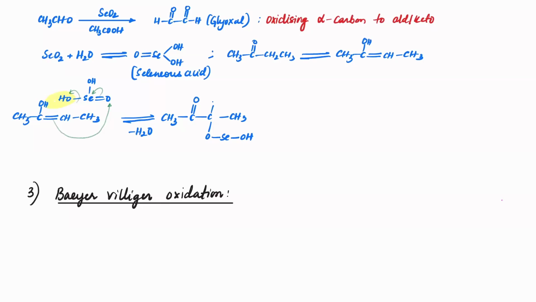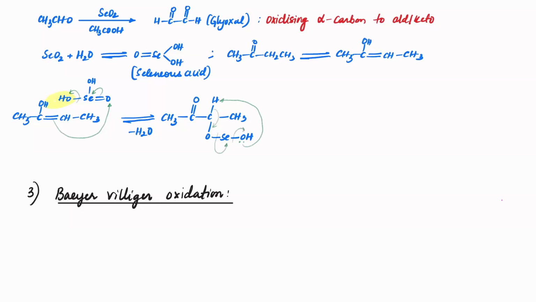Oxygen will try to push electrons back towards carbon. And this OH group on selenium will try to take this H plus, pushing the hydrogen bond into double bond formation, and selenium will take away electrons here, correct? And water will come out of it.